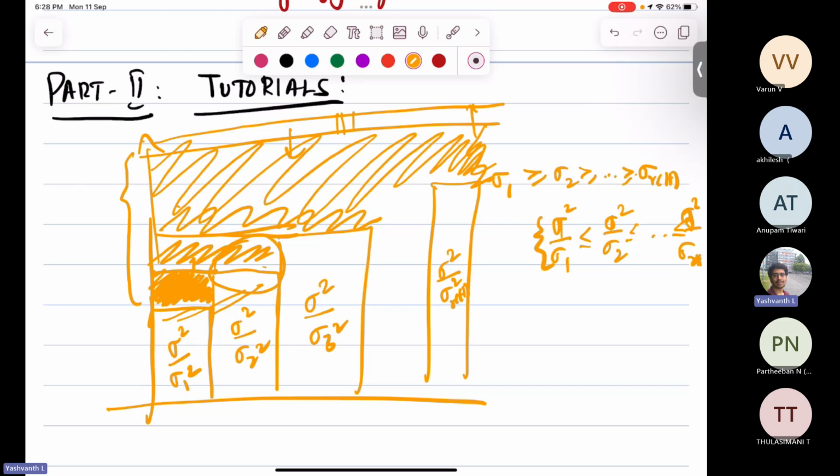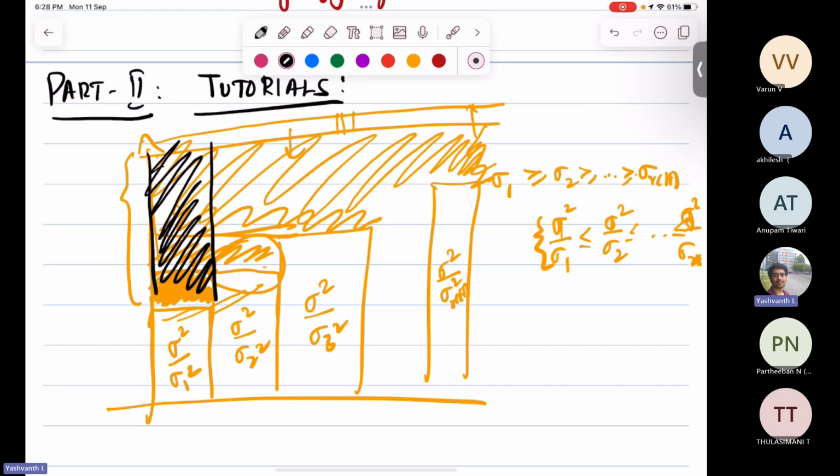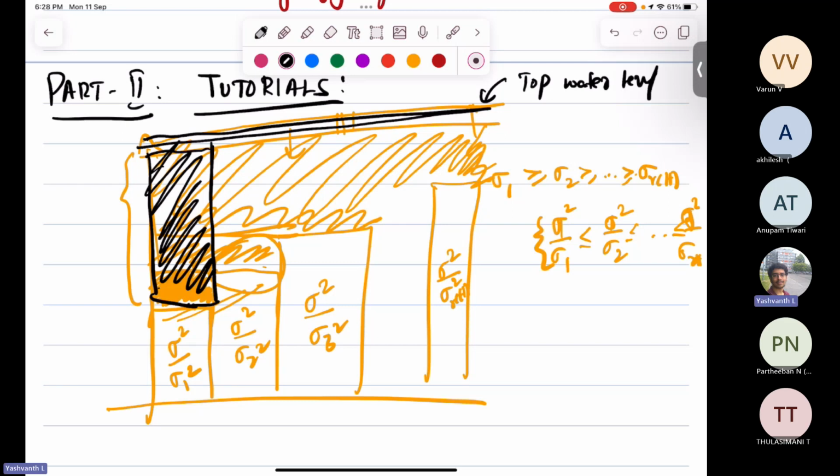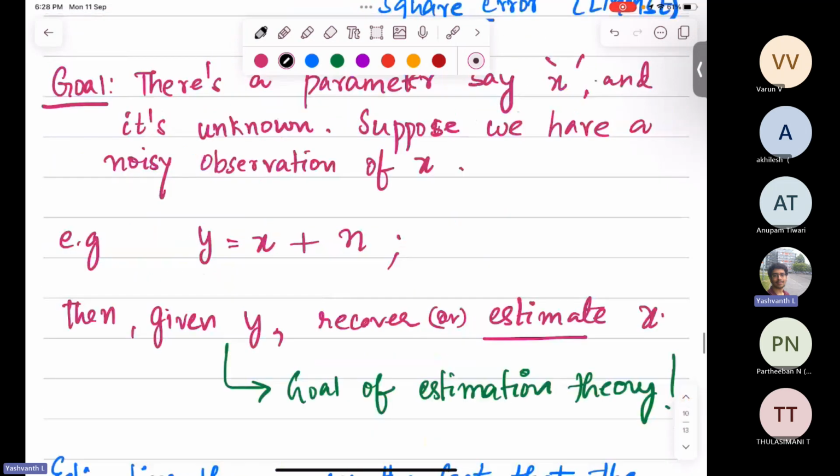So for example, for the first bar, this is the power allotted. That is the water level above the first bar till the top water level. This is the top water level. This is the power that you need to allot. This top water level is 1 by lambda, that is from the optimization problem.